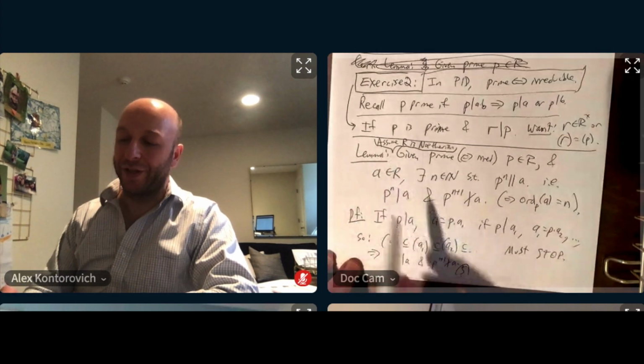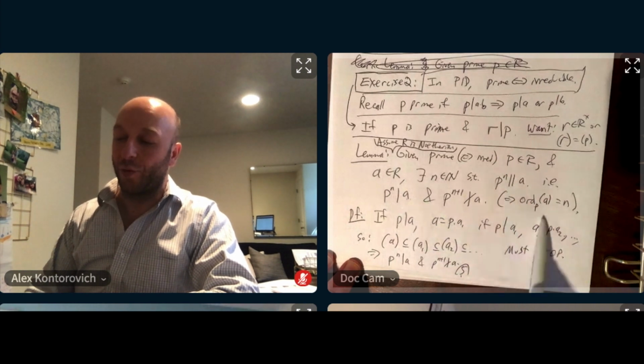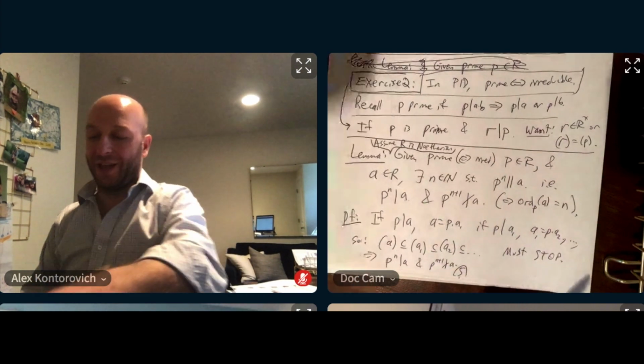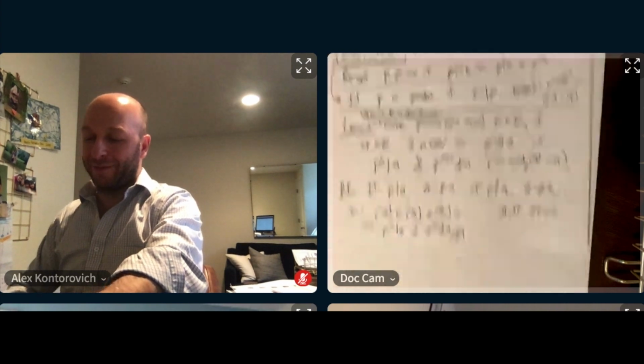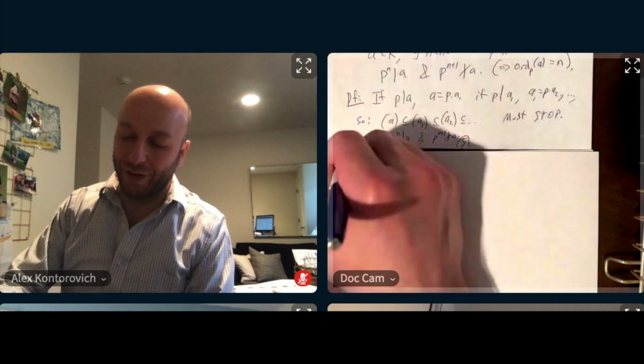So if I have a Noetherian ring, then if I have a prime element, then there is an ORD function. And now the proof is exactly the same as, well, there's one more thing. There's one more lemma.